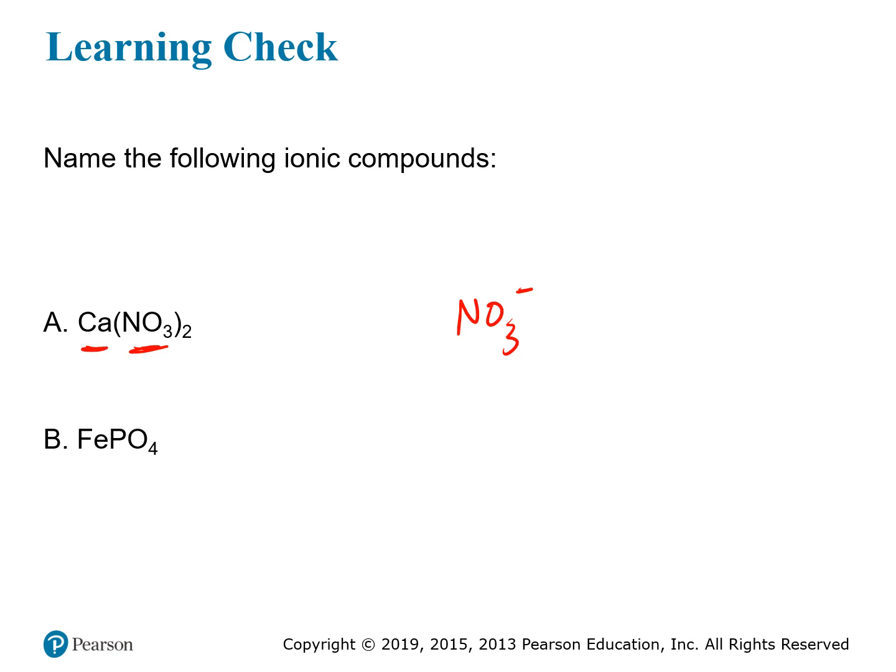The other ion here is calcium, Ca. Calcium is a group 2 metal, and so it is always 2+. That means that we have calcium and nitrate. The calcium, again, is a main group metal, so we don't need a Roman numeral. So we can just call this calcium, and then the name of the anion, which is nitrate.